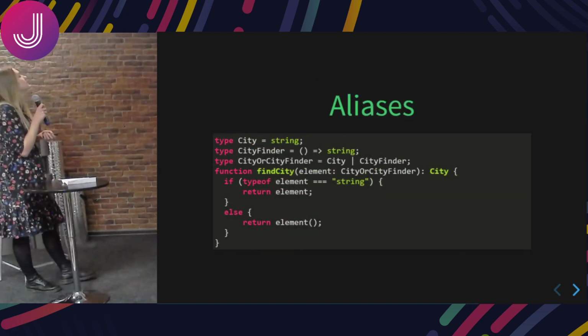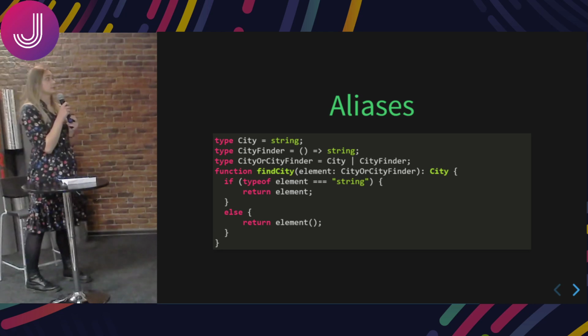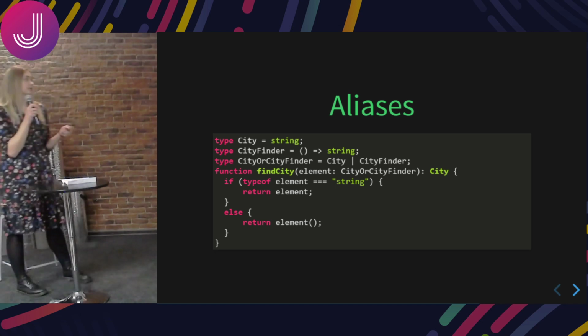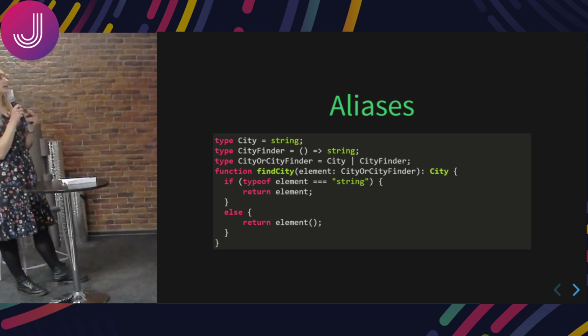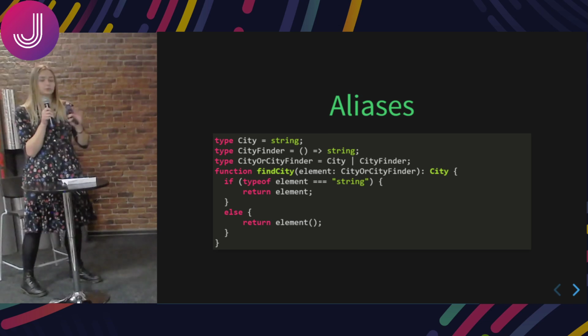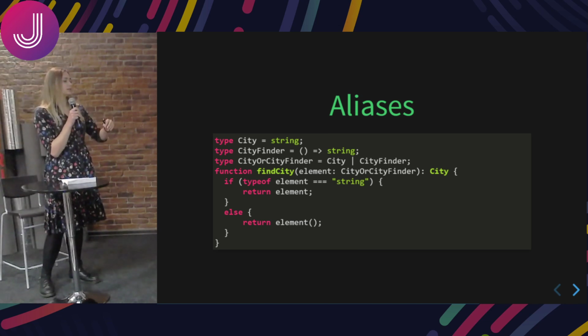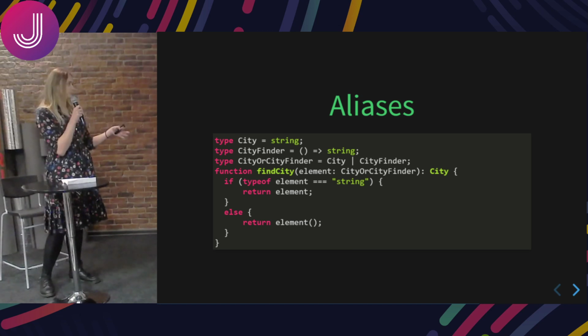So the next type that I would like to tell you about is aliases. How does it work? It helps to create a new type, but maybe not actually a type, a new name, which refers to the certain type that you want to use.